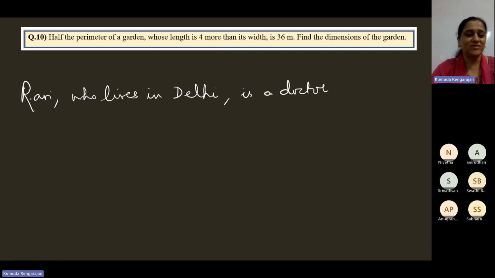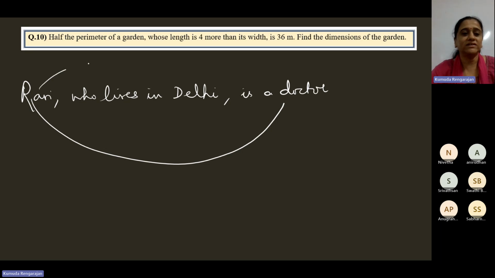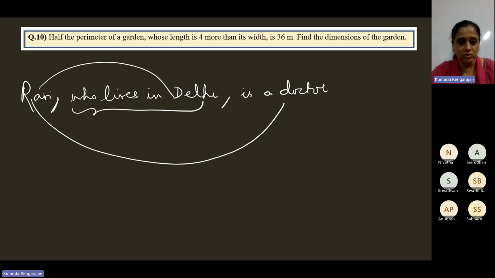Ravi is a doctor and Ravi lives in Delhi. You can see the usage of the comma here. Ravi, comma, who lives in Delhi, comma, is a doctor.